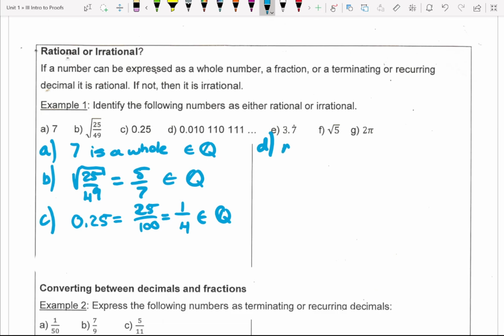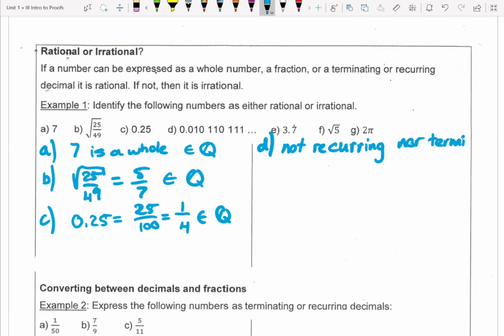So this is not recurring nor terminating. Which makes this, 0.010110, etc., an element of, and just a reminder, it's R without Q.